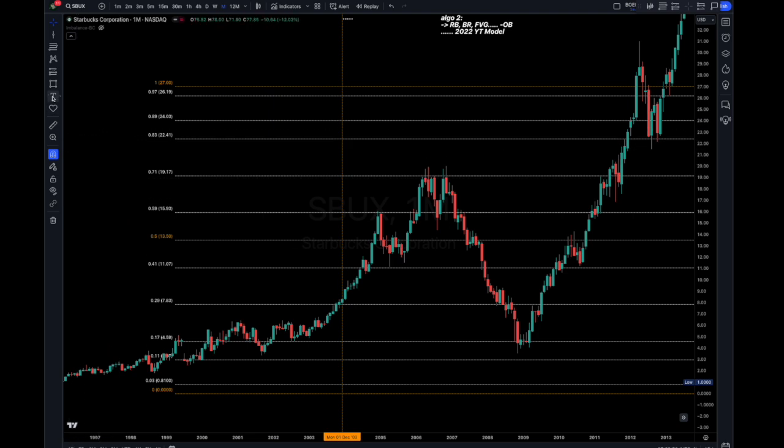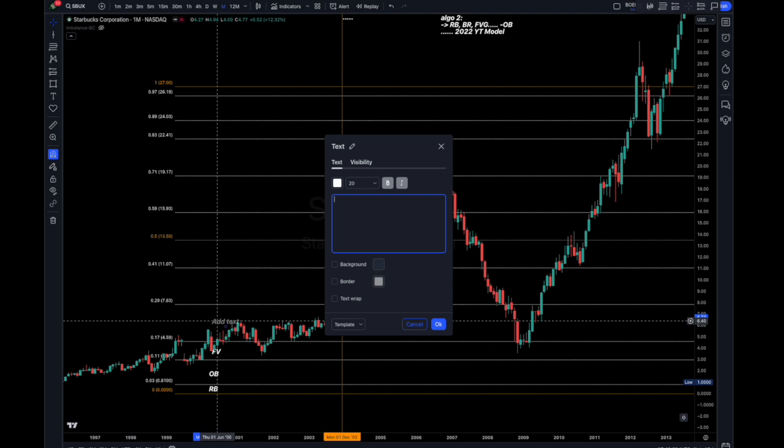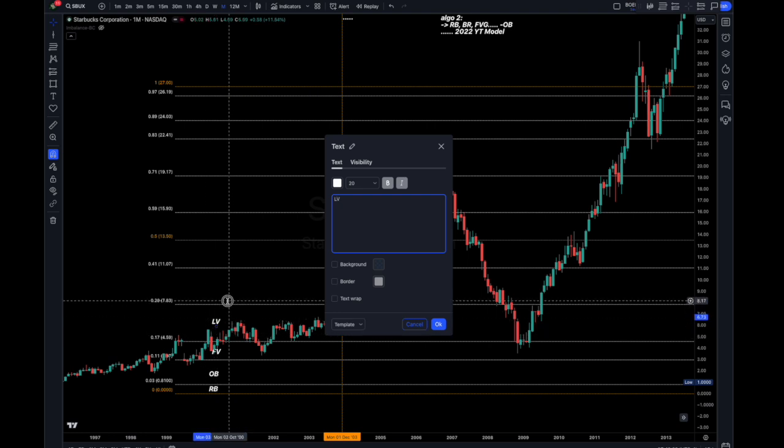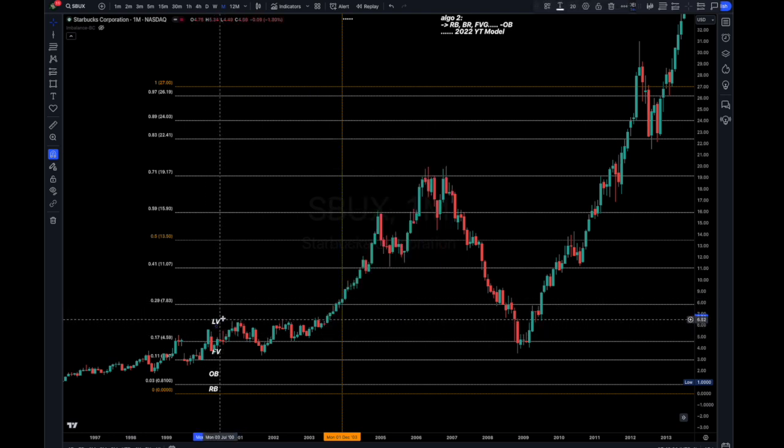Okay, and I'm going to label these up for you. Rejection block is here. Order block, fair value gap. So these are partitions. These define via mathematics where the PDRAs should form. Liquidity void. So this is typically the explosive candle after the fair value gap. Breaker.